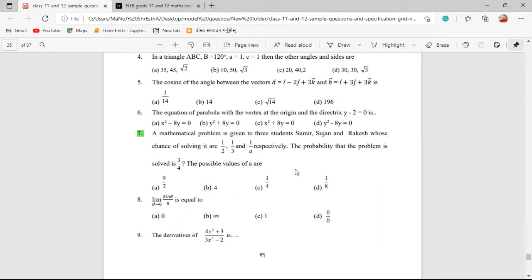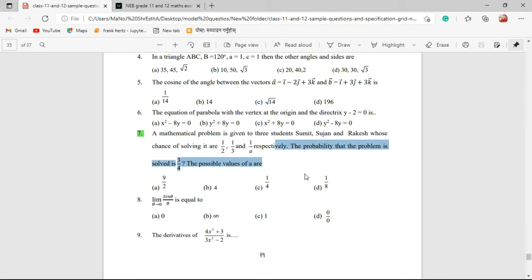First of all, the probability of Sumit solving the problem is 1 by 2. Then what is the probability of Sumit not solving the problem? That means 1 minus a.